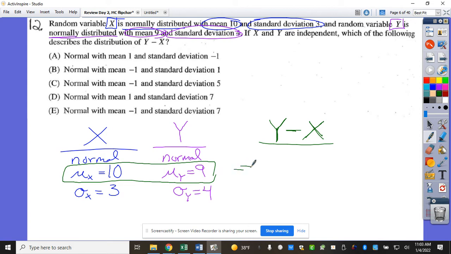So mu of y minus x is mu of y minus mu of x, which is 9 minus 10, which is negative 1. Which should knock out A and D.